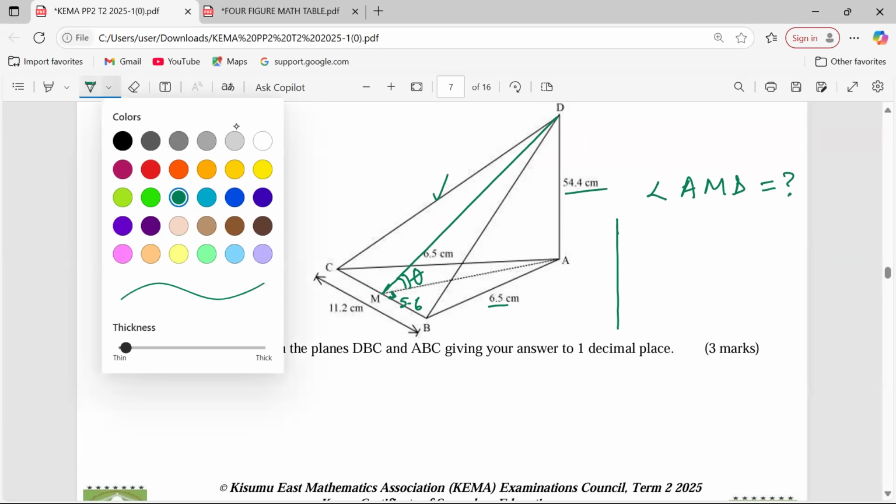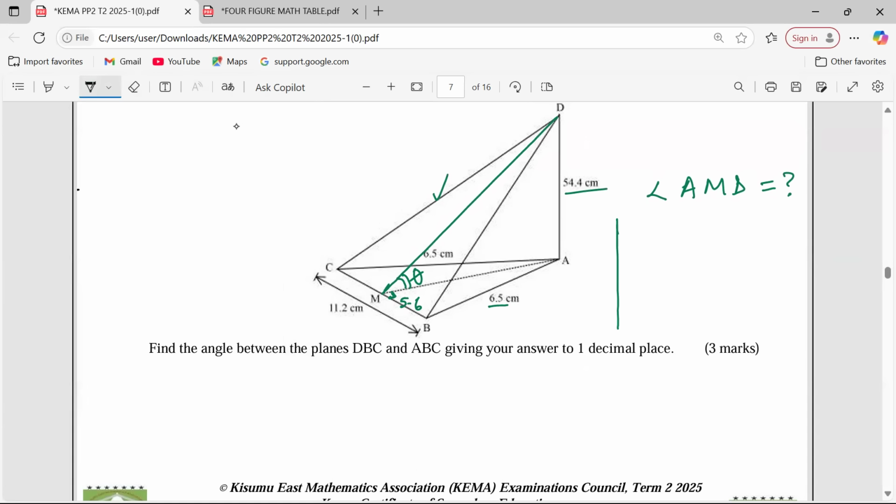Let me just use the diagram so much in this case. The line, this one, then from M to B, and now we're having a line through here. So I've gone to the base and I've split it to M, B, so that this is 5.6 and this one is 6.5.